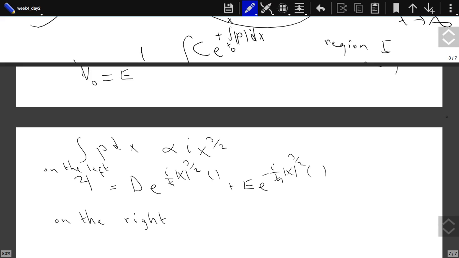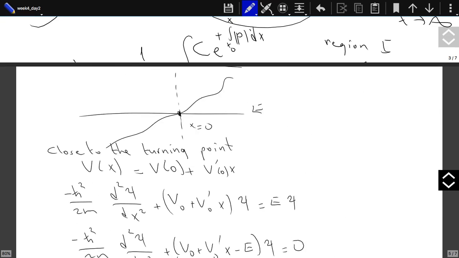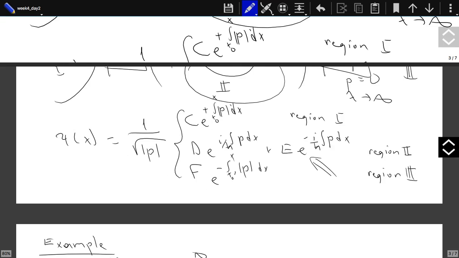Now, you see, we have this approximate solution. Here, p is a real number, and there is another i there. P should be a real number, and on this side, p is an imaginary number. Region 2 corresponds to negative x, region 3 corresponds to positive x.